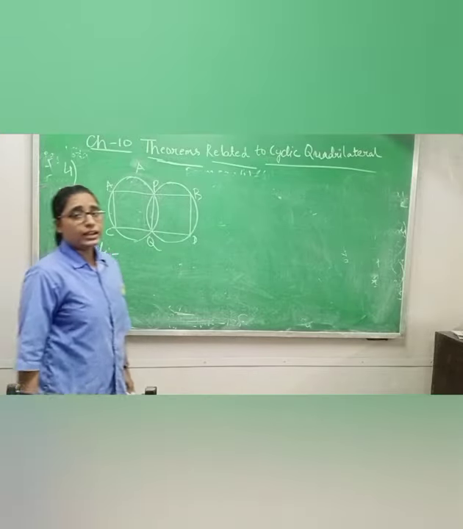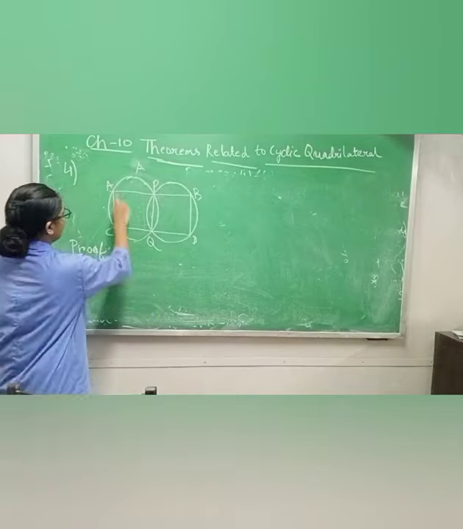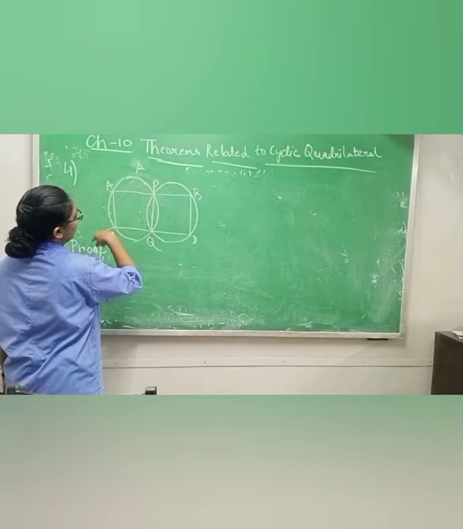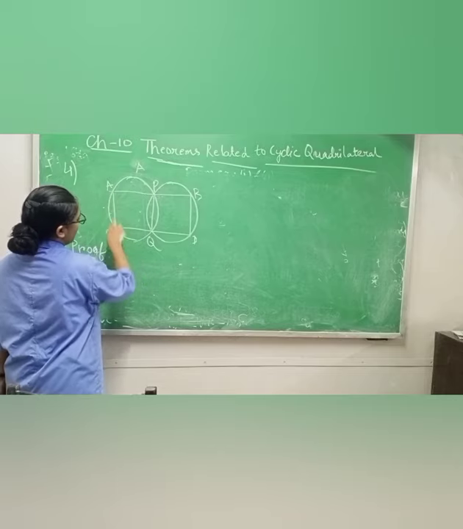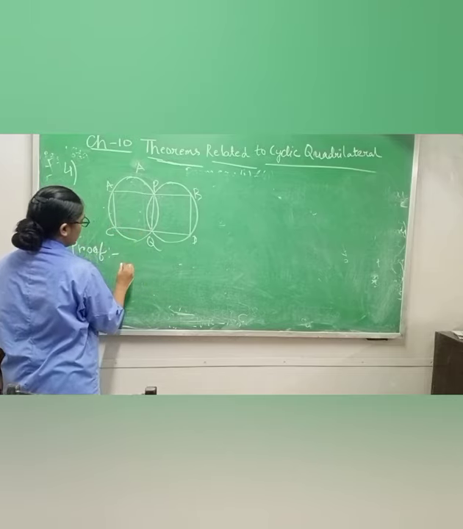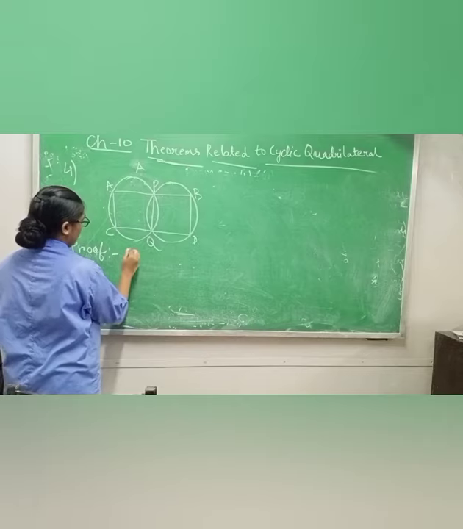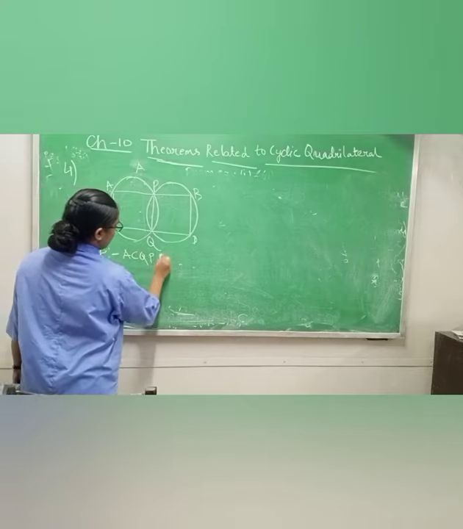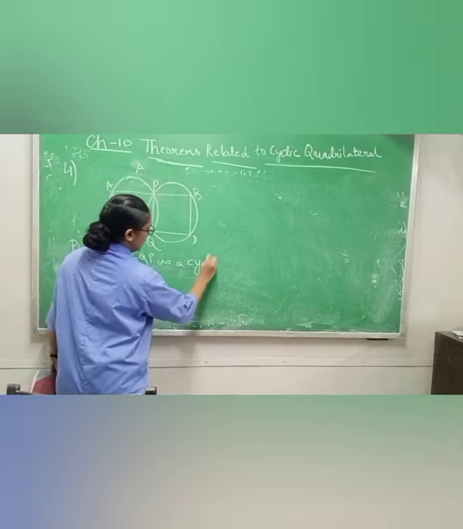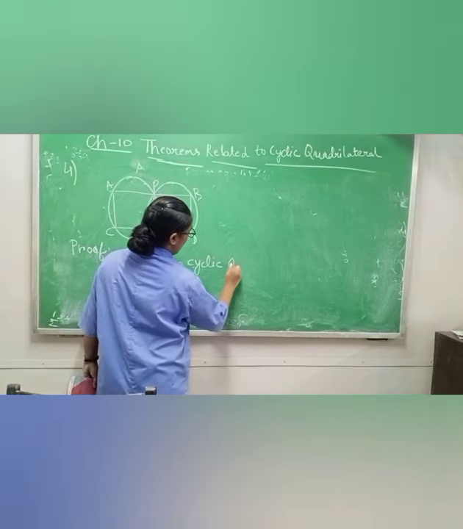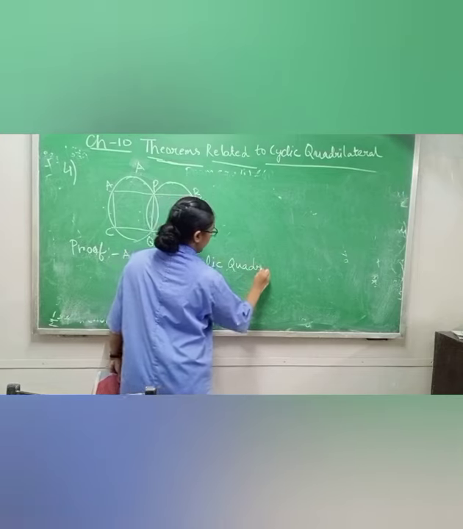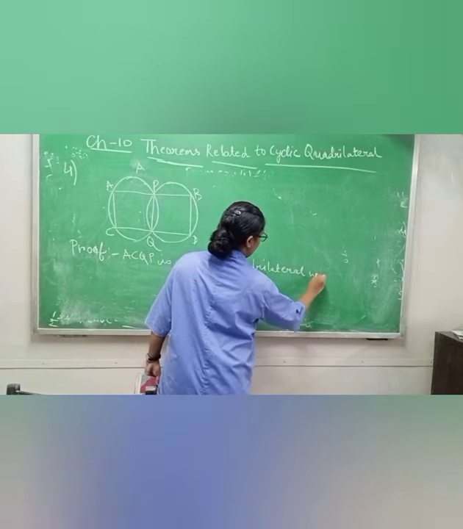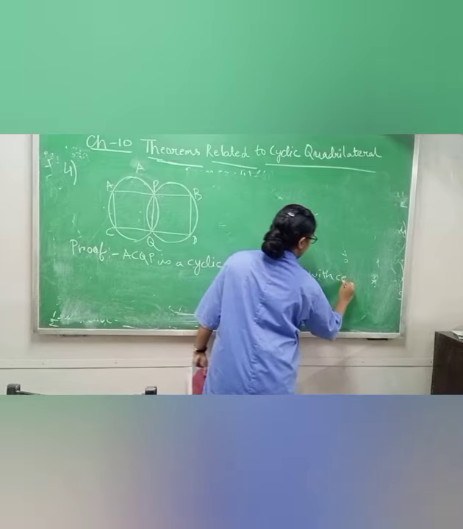Now in the proving part, I am taking this first circle. Inside this circle, we have one cyclic quadrilateral. Can you see ACQP? So what you will write? ACQP is a cyclic quadrilateral with center.